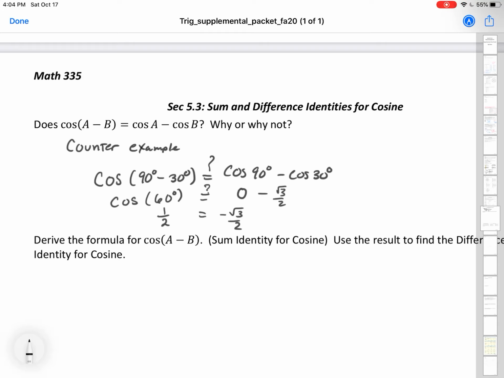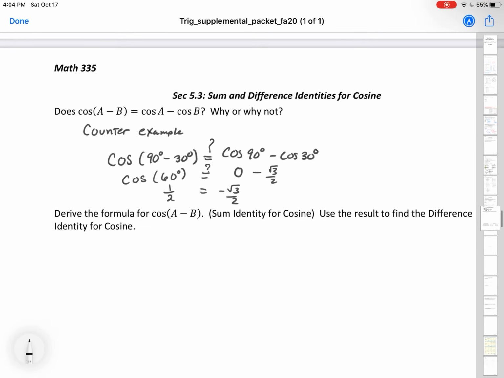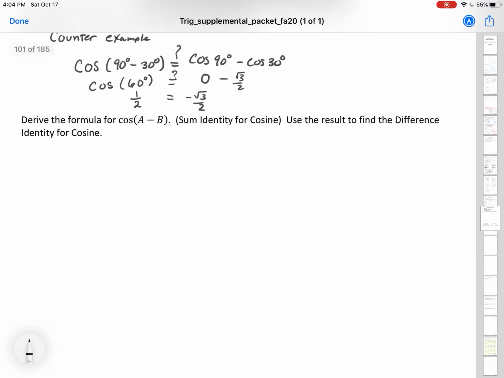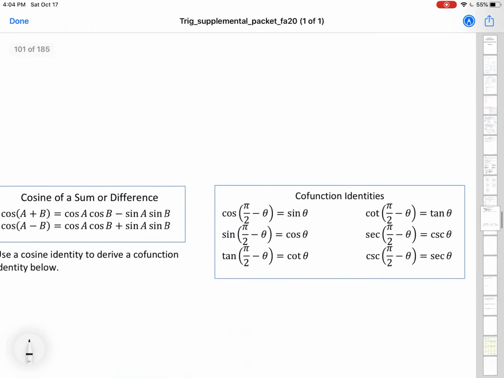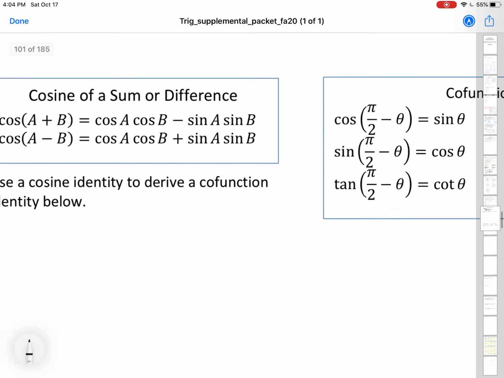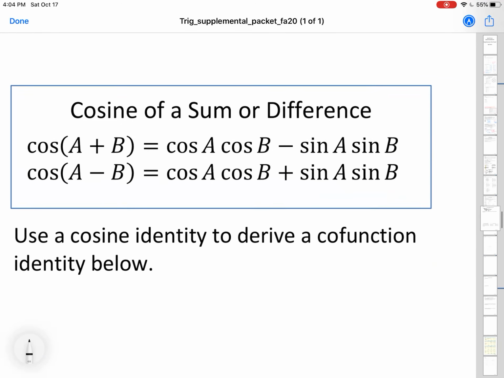And so it's asking for us to derive the formula for cosine A minus B, this sum identity for cosine. I don't want to recreate that because it's already in the book. So your book has it done really nicely. This is the sum and difference for cosine.